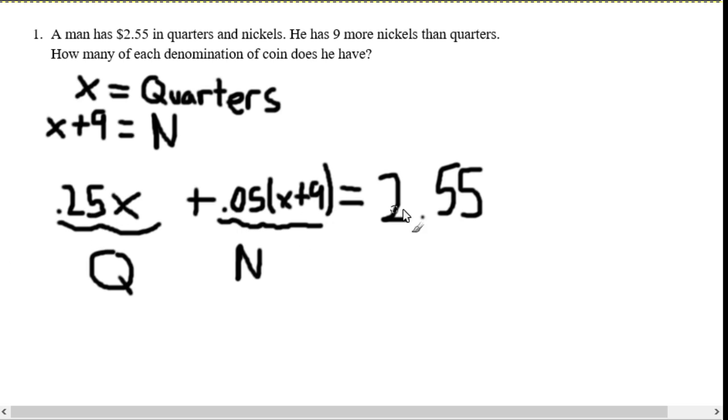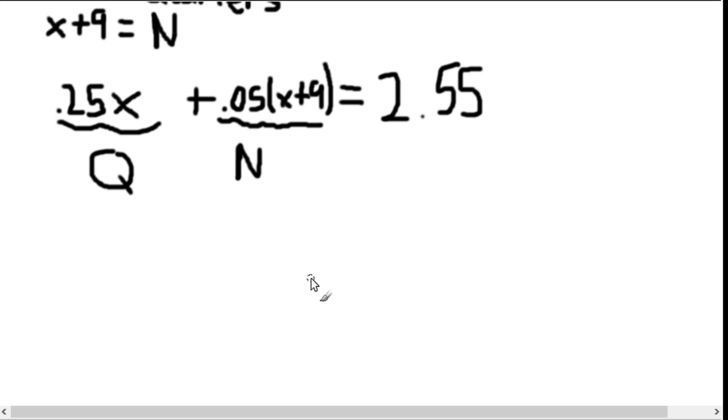Hopefully you agree with this equation: 0.25x plus 0.05 times (x plus 9) equals 2.55. From there, we're going to do a little simplifying. I still have this 0.25x.